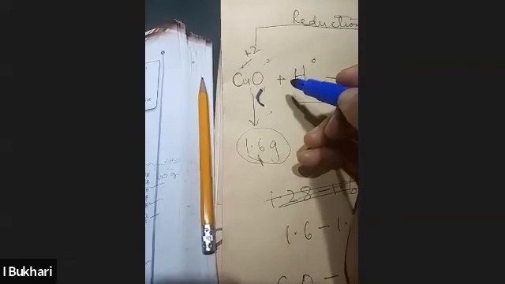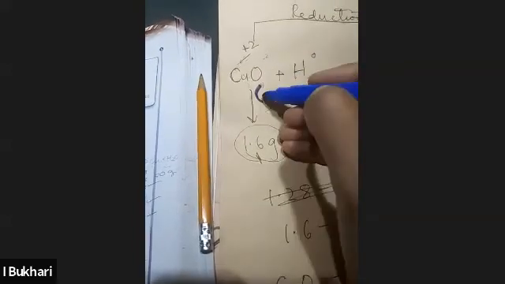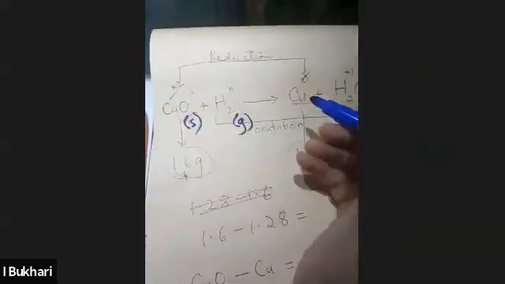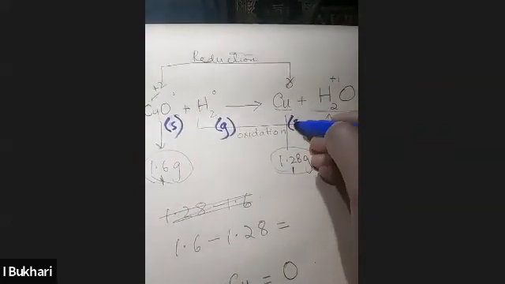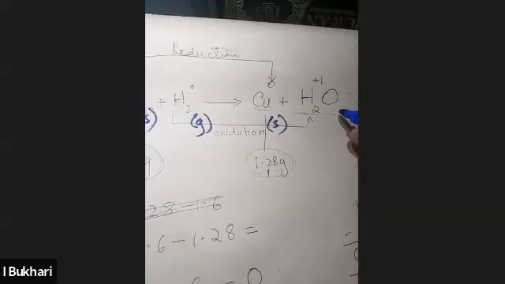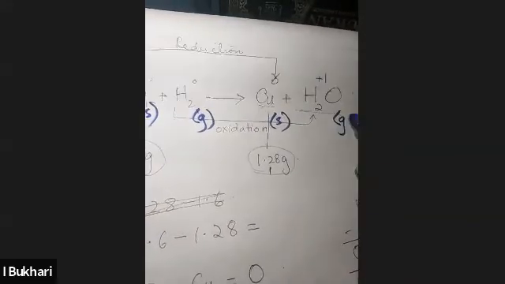What will be the state symbols? Sundas, you tell me the state symbols. Solid, hydrogen is gas, copper is solid, water in this case is gas in the form of vapors because we are heating, right?